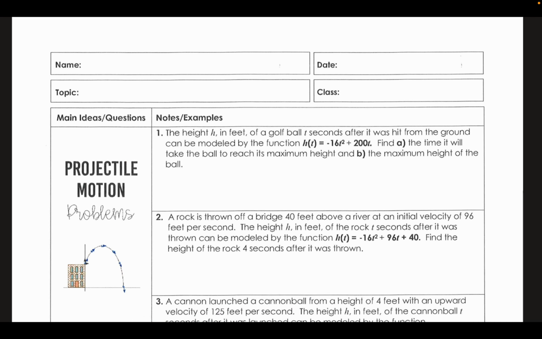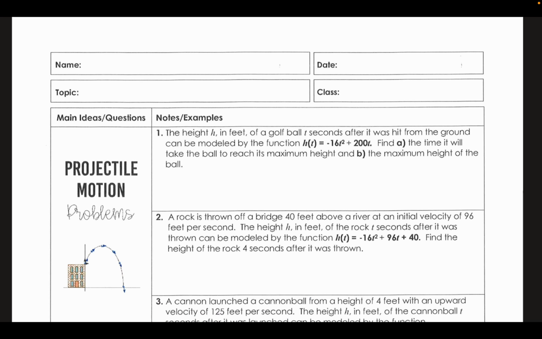They can be represented by quadratic equations. And we can use this to help us find different information about the path that the projectile took. So this is often used in sports analytics, especially football, for example, to find the maximum height of a throw or the velocity on a pass and different things like that.